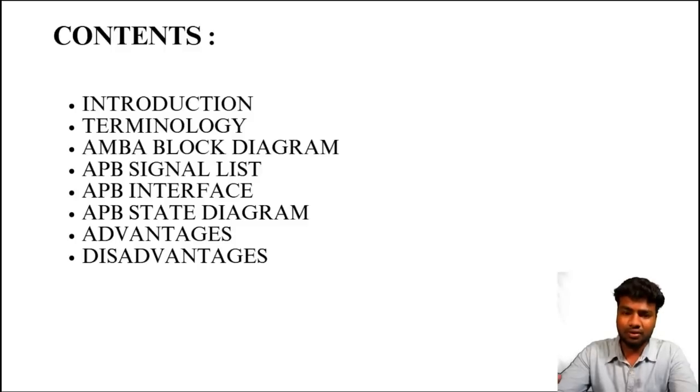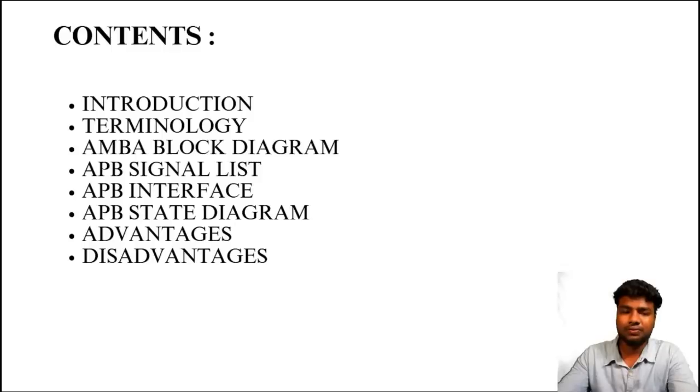We can't check with the hardware in an on-chip protocol. But if you are doing off-chip, you can check with the hardware, to check the functionalities of your SPI and your I2C. But we can't use APB protocol in hardware.